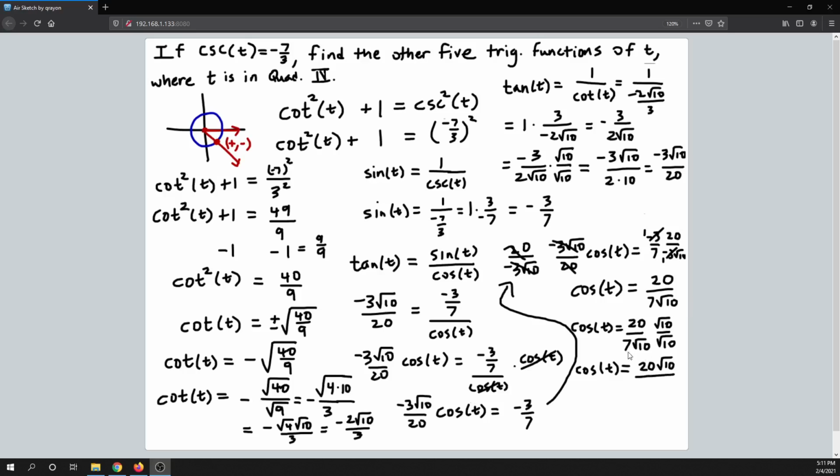On the bottom, I'll have 7 times square root 10 times square root 10. Square root 10 times square root 10 is 10. All right, and so I'll wind up with cosine t, and here I have a common factor of 10. 10 goes into 10 once, it goes into 20 2 times. So I wind up with 2 square roots of 10 over 7 for the cosine.